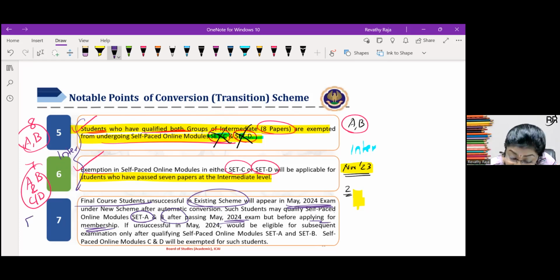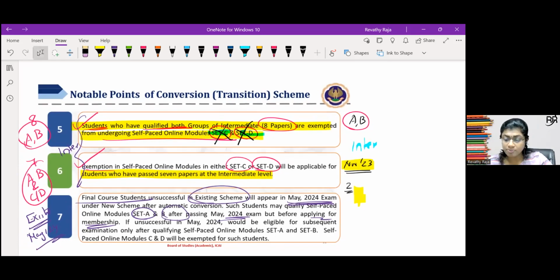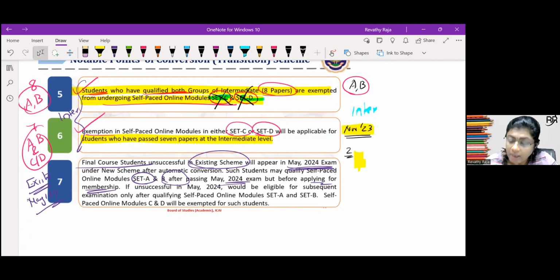But before applying for the membership. For existing final students who are going to appear in the May 24 attempt, they have to appear for set A and set B. However, C and D is exempt because they are already existing final students. But A and B they have to appear, though it is not mandatory before the exam. Even after the exam, they can attempt before applying for the membership. Now, one more thing.